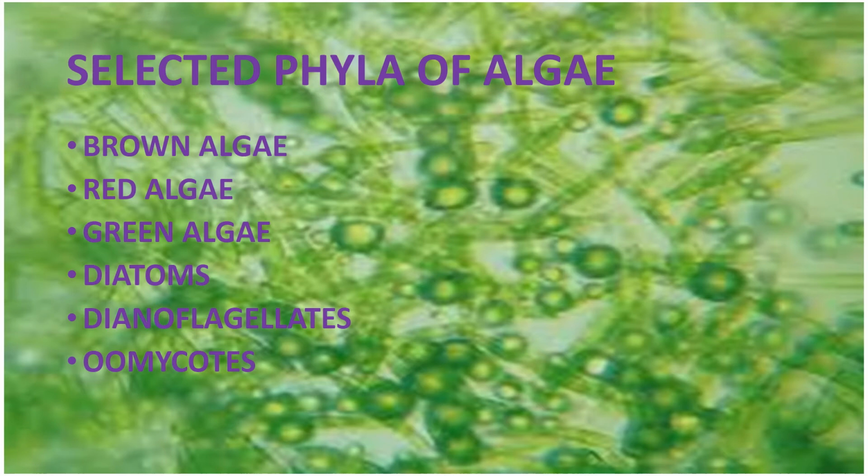Selected phyla of algae. Brown algae may be harvested for algin. Red algae grow deeper in the ocean than other algae. Green algae have cellulose and chlorophyll a and b and store starch. Diatoms are unicellular and have pectin and silica cell walls.